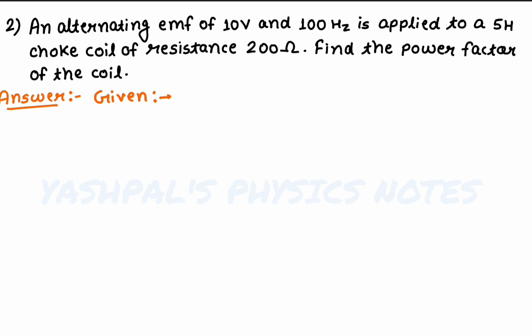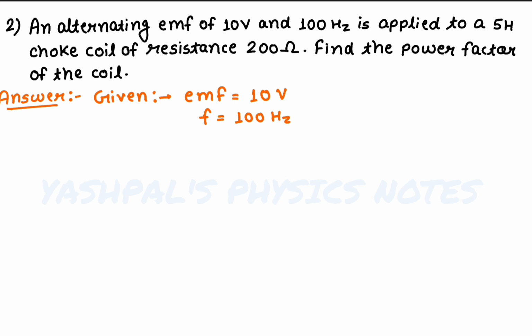First of all, it is given that the alternating EMF, that is EMF, is equal to 10 volt. Then frequency is given as 100 hertz, small f is equal to 100 hertz.